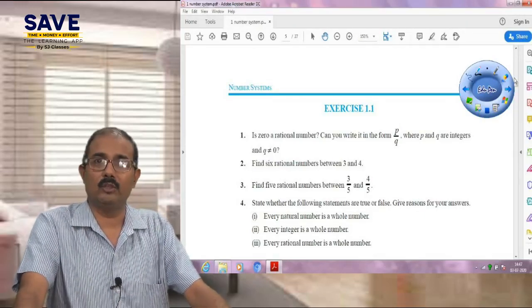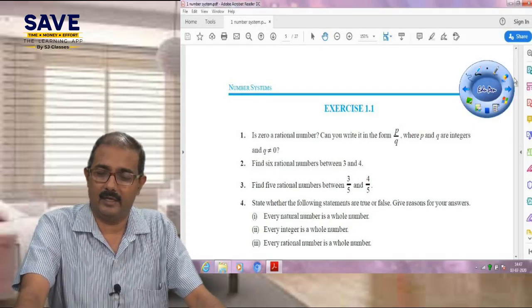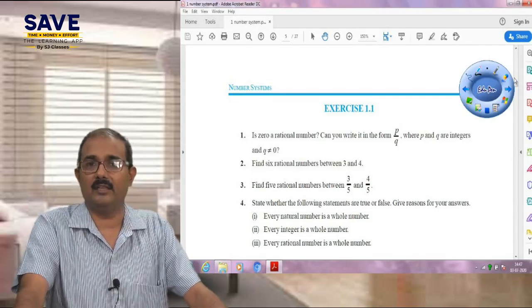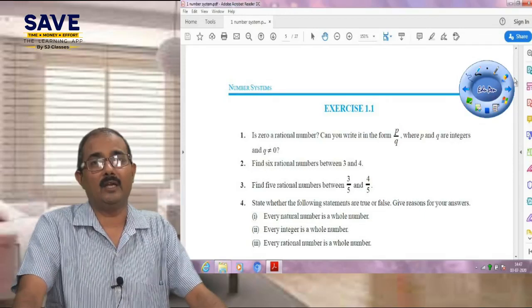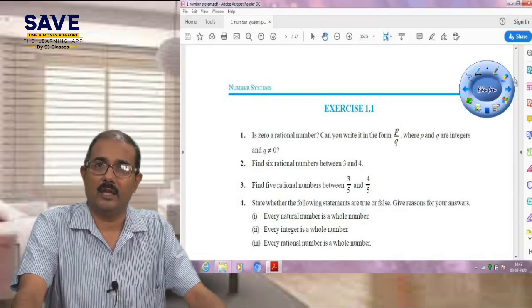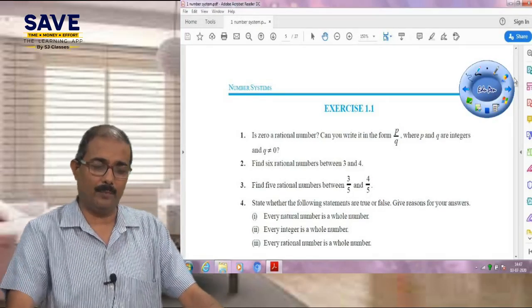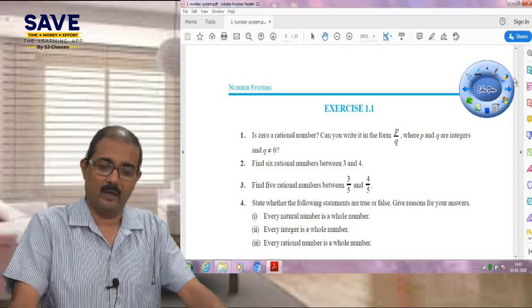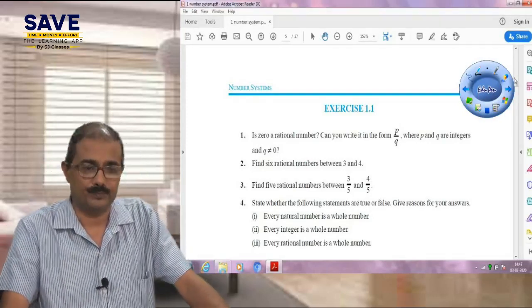I assure you that when you do all the questions of this NCERT and the assignments I'll give you in the coming lectures, you will get 100% marks in your examination. So let us start with exercise 1.1 of your NCERT book. You can open your NCERT book and do it. You should always have your NCERT book with you.